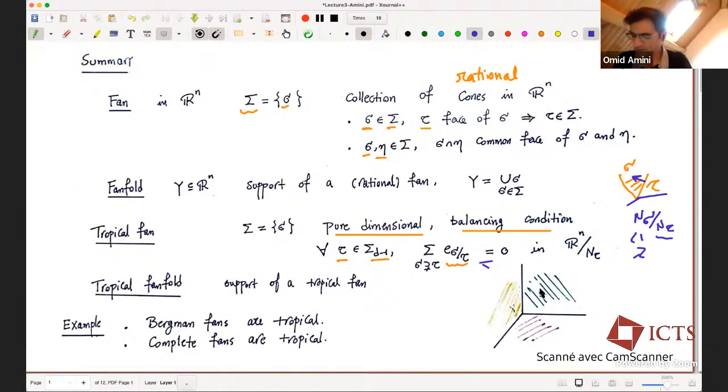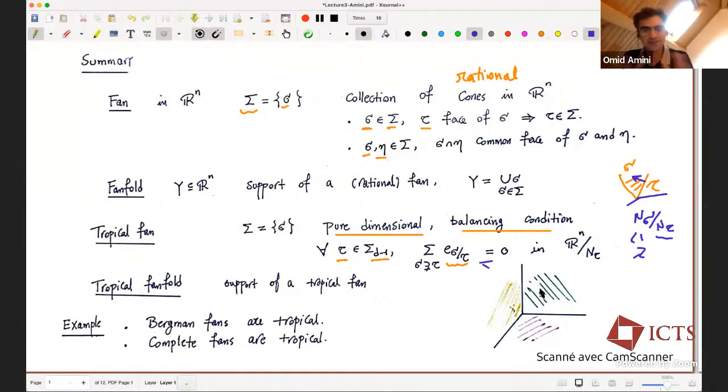As I explained yesterday, we didn't prove it, but it's not very difficult to prove because you have the full description: Bergman fans are all tropical in the sense that they verify the balancing condition. This comes from the fact that matroids are geometric lattices, and geometric lattices give us a description of the Bergman fans in terms of flags of flats.